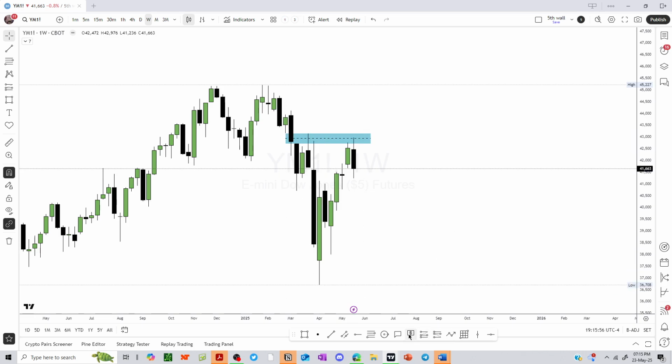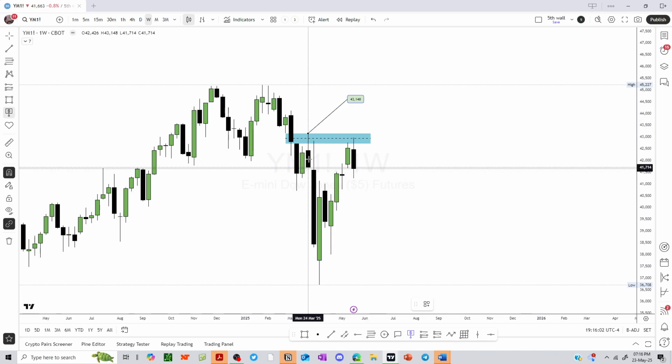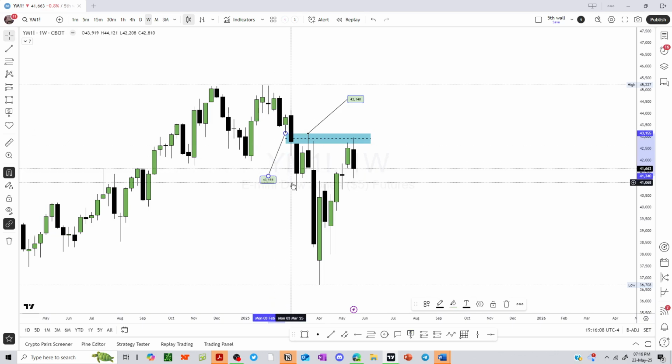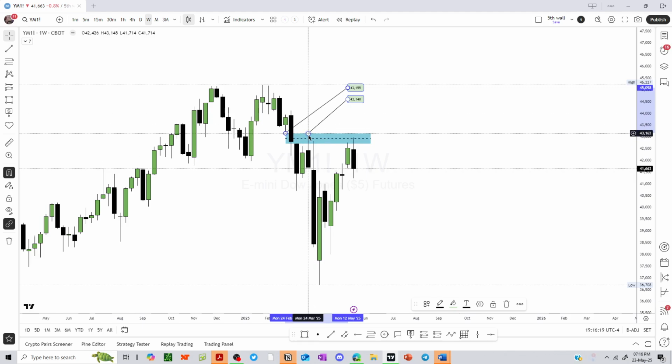Let's see how close that was. 43,148 is the high of this March 24th candle, and the low of the February 24th weekly candle is 43,155. So it didn't quite get all the way up there.